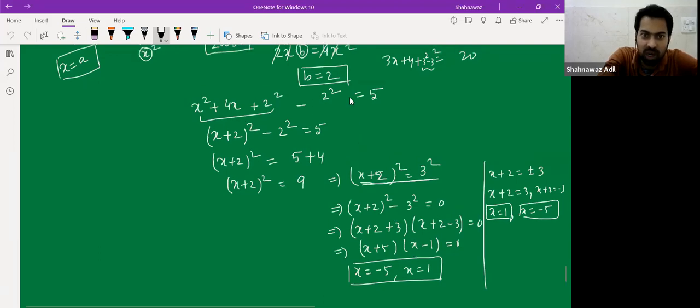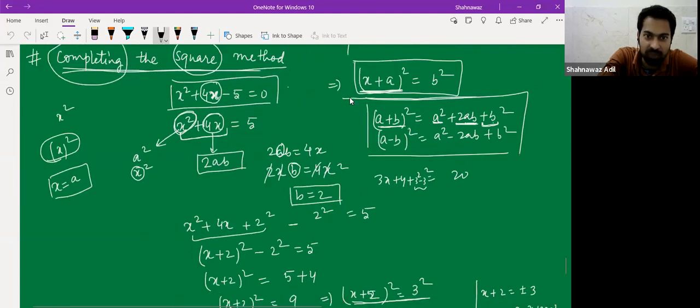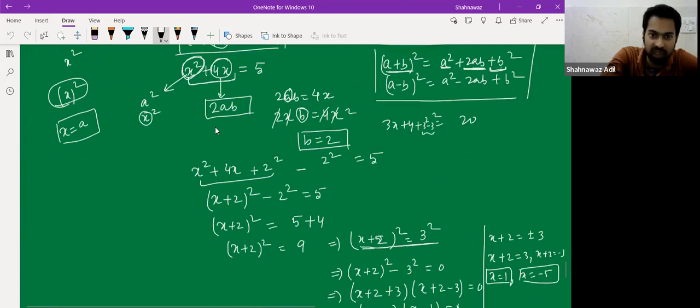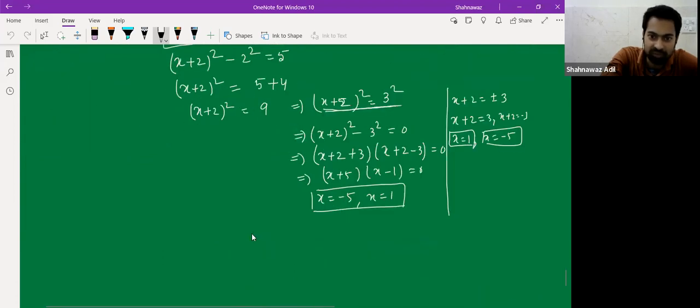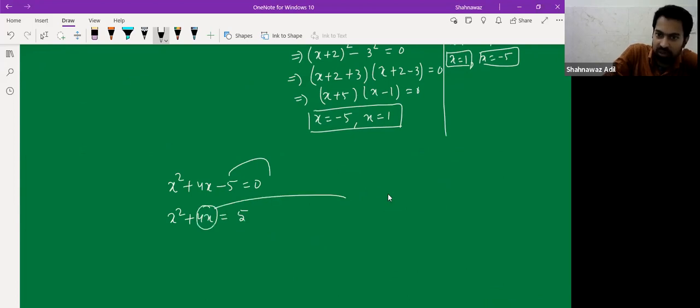I am repeating this again: whenever you have this term, you take this term to this side and assume this as 2ab.